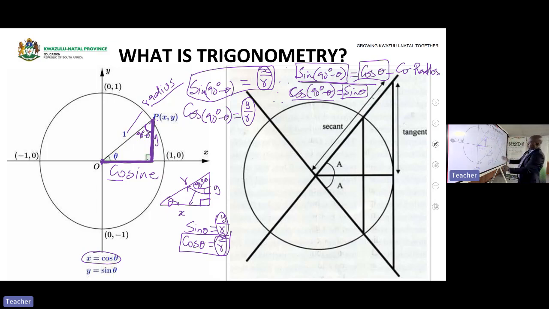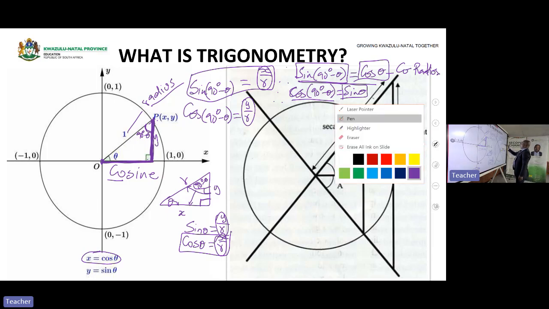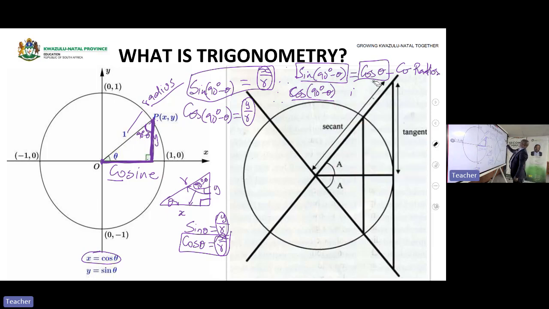So with this illustration, I just wanted to unpack or review the concept of trig ratios. Now, the other question that we asked ourselves was, what about tan?